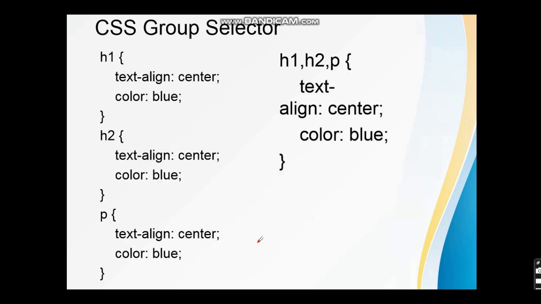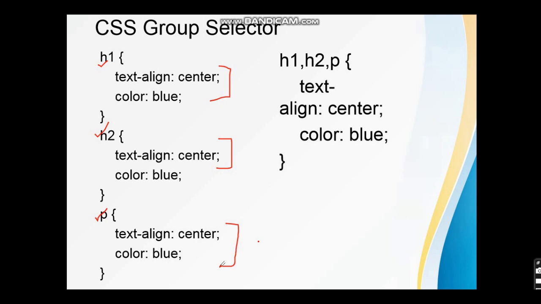Next, the CSS group selector. You can see here this is the heading tag H1, and we are applying a certain rule on it. Again H2, we are applying a certain style on it, and here P, we are applying a certain style on it. But you can see H1, H2 and P, all three elements have the same style.